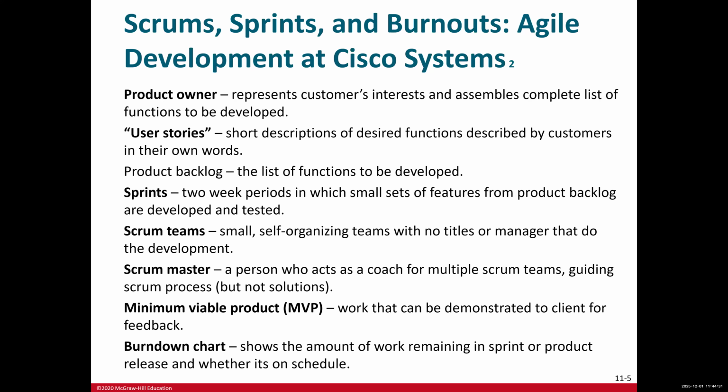And the product backlog is very important because it's a dynamic list, a working document that lists all the features and functions that need to be developed. The product owner keeps this list updated and, of course, prioritizes it.